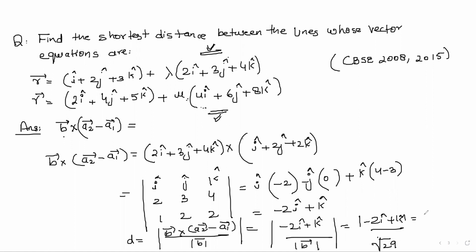Find the magnitude of the numerator: minus 2 squared, 4, plus 1, is root 5, by root 29.